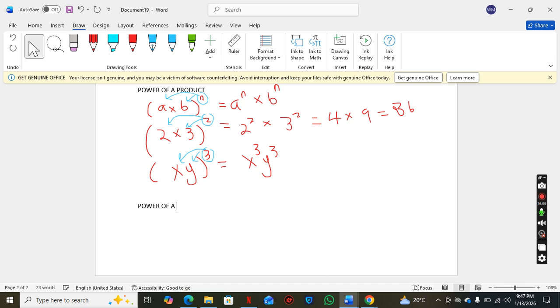Power of a quotient. This one is just the same as saying, if you have a divided by b to the power n, the same as saying a to the power n divided by b to the power n. Okay, let me illustrate that with an example.